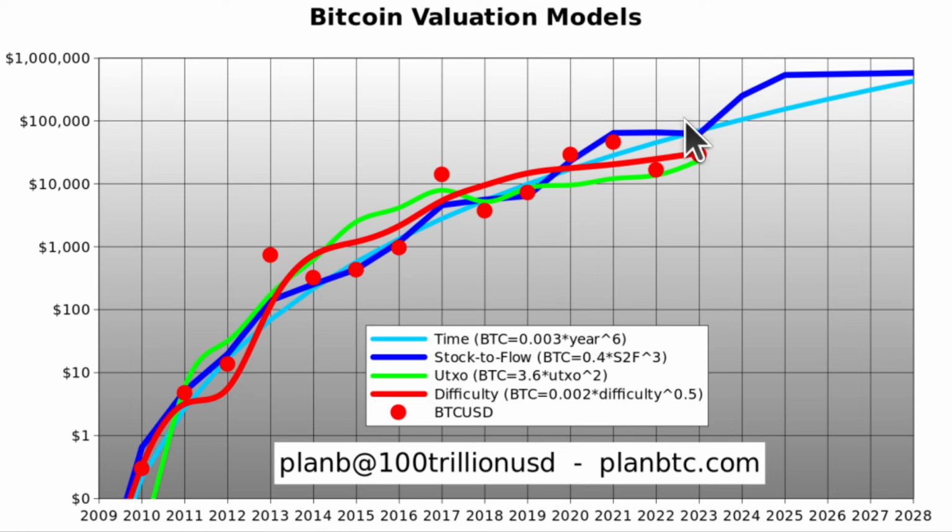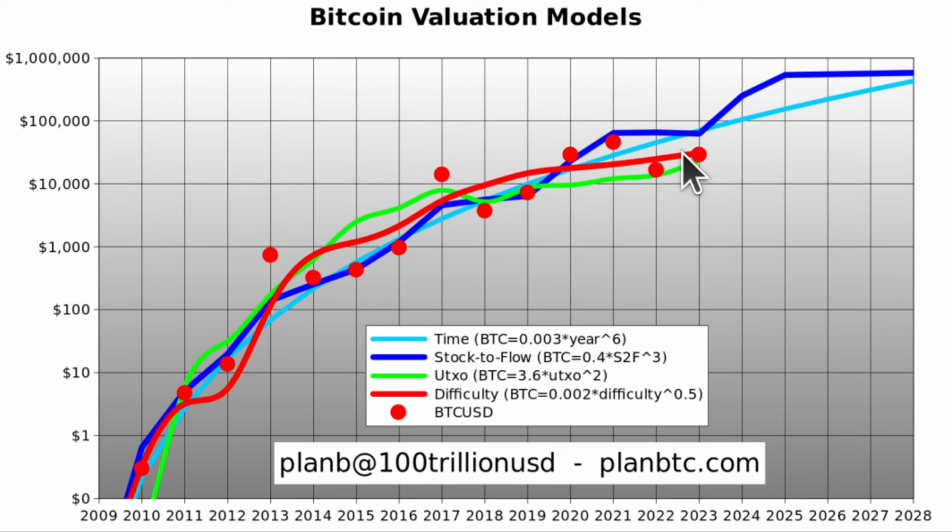Well, those are the four models that we're looking at, and to be honest, all the models did quite well in valuing Bitcoin and predicting the Bitcoin price. In my opinion, none of those models failed, and the big question is, however, how should we use them?